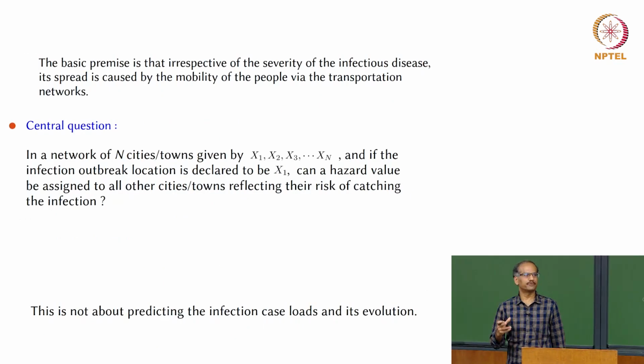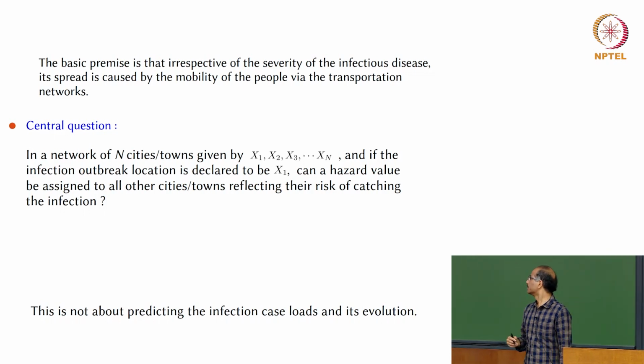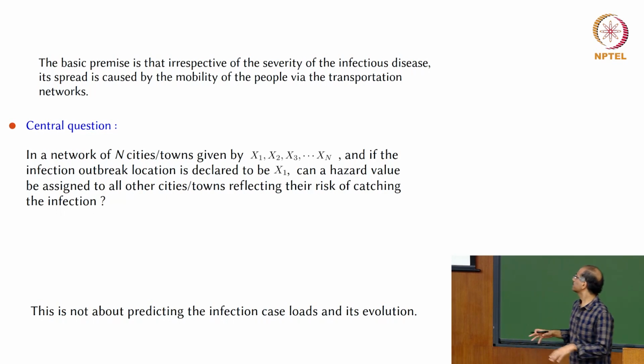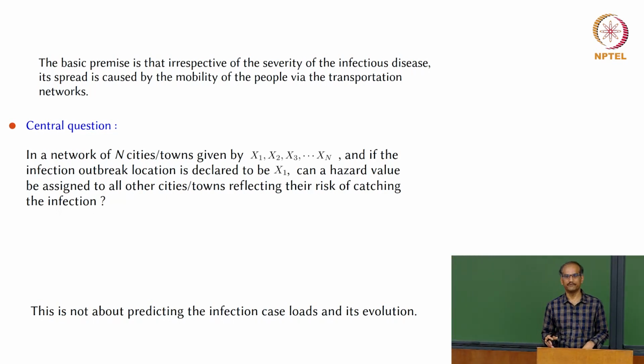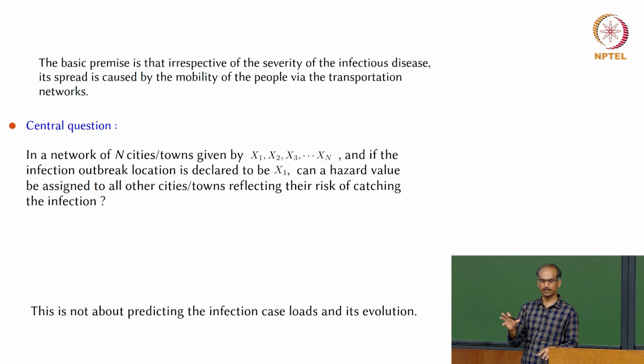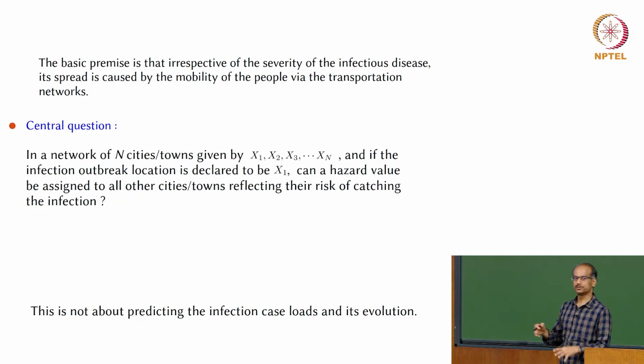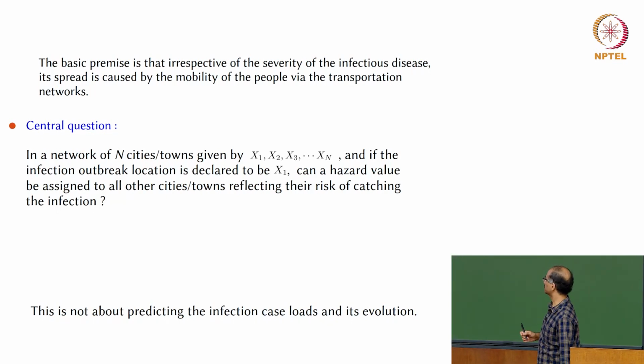Okay, so now you can reframe the question in terms of a network like this. The basic idea is that irrespective of how severe the infection itself is, which is a biological problem maybe, the spread of infection is caused by mobility of people through transportation networks.